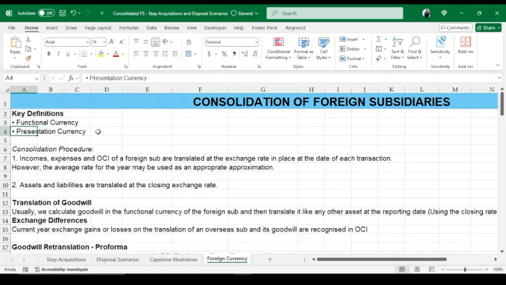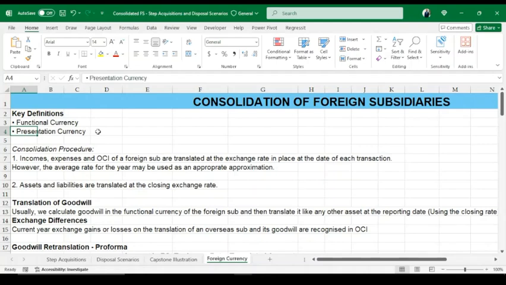So when we talk about foreign subsidiaries, we are saying that where the functional currency of the subsidiary differs from the presentation currency of the group in which the subsidiary belongs, then the financial statement of the foreign subsidiary must be translated before consolidation, because in consolidation you are presenting the financial statement of the group as a single entity.